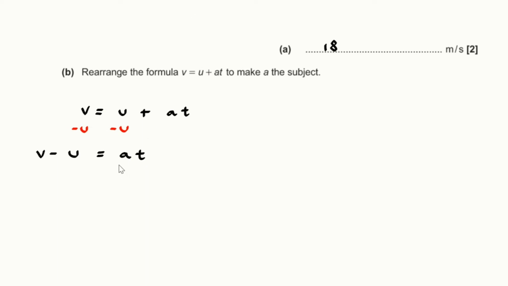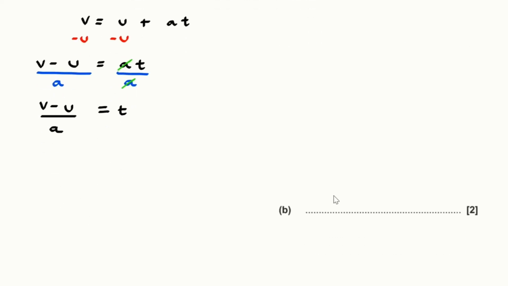And now if we divide both sides of this equation by a, this and this cancel, so we get t equals v minus u over a.